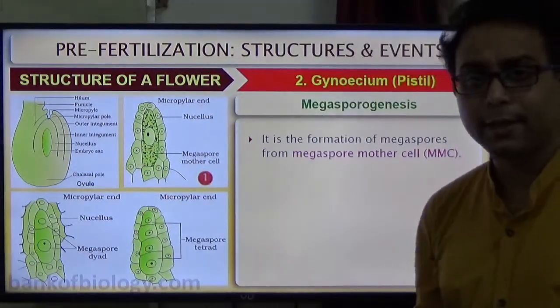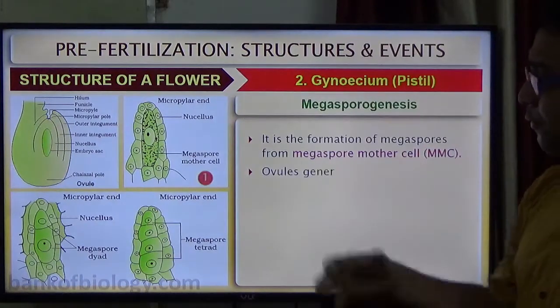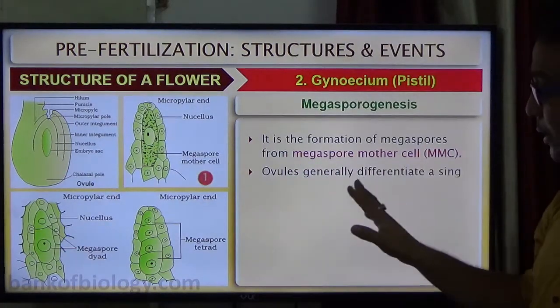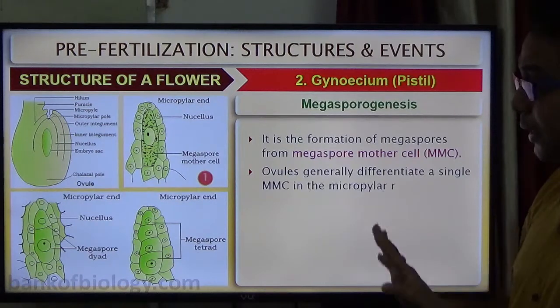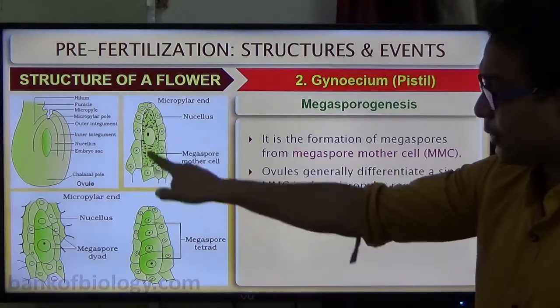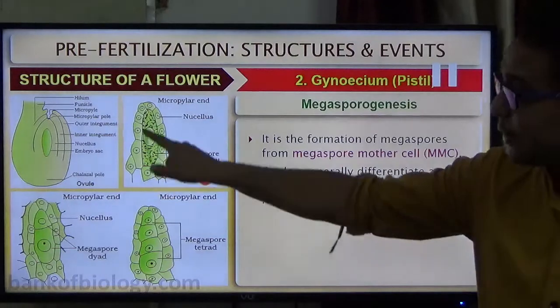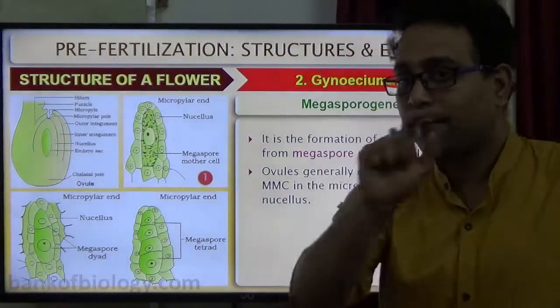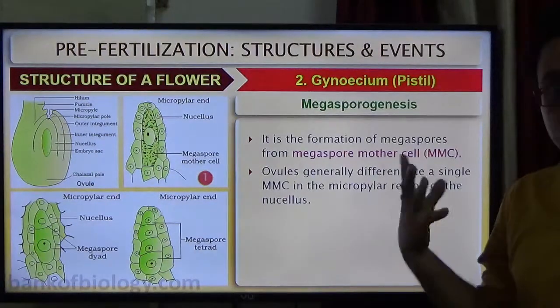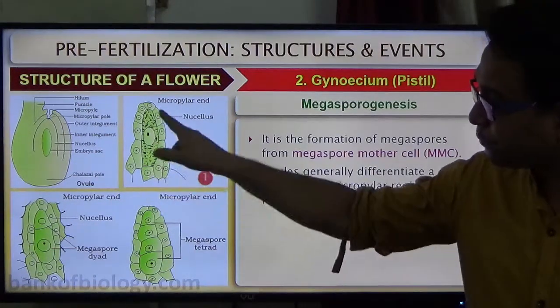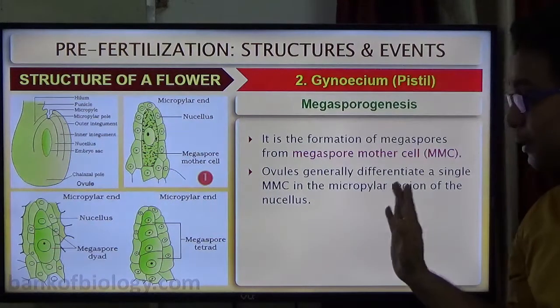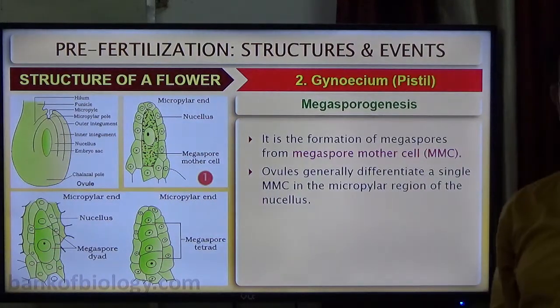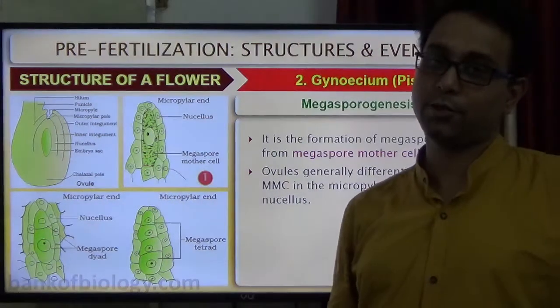What is happening here? First of all, the ovule generally differentiates into a single MMC. MMC means megaspore mother cell. You know where it is present? It is present in the micropylar region inside the nucellus.